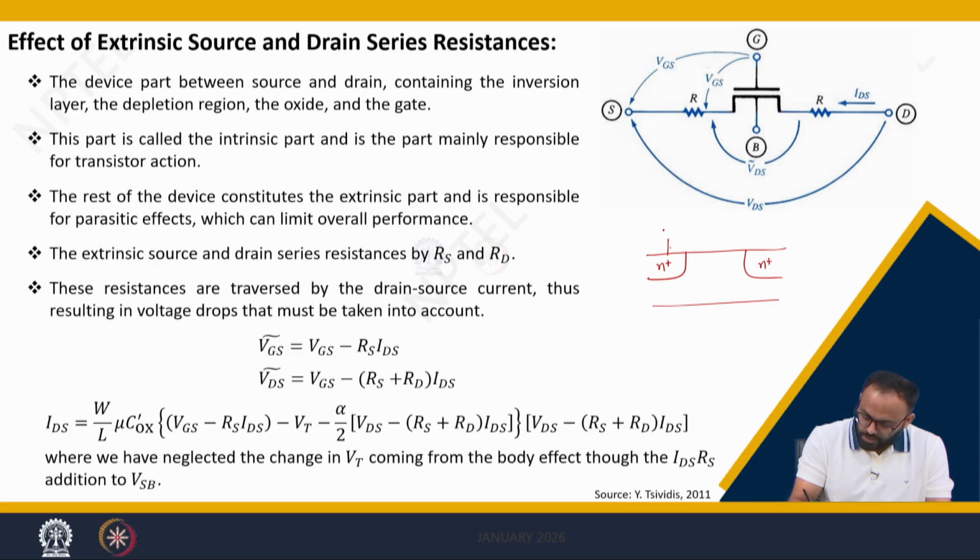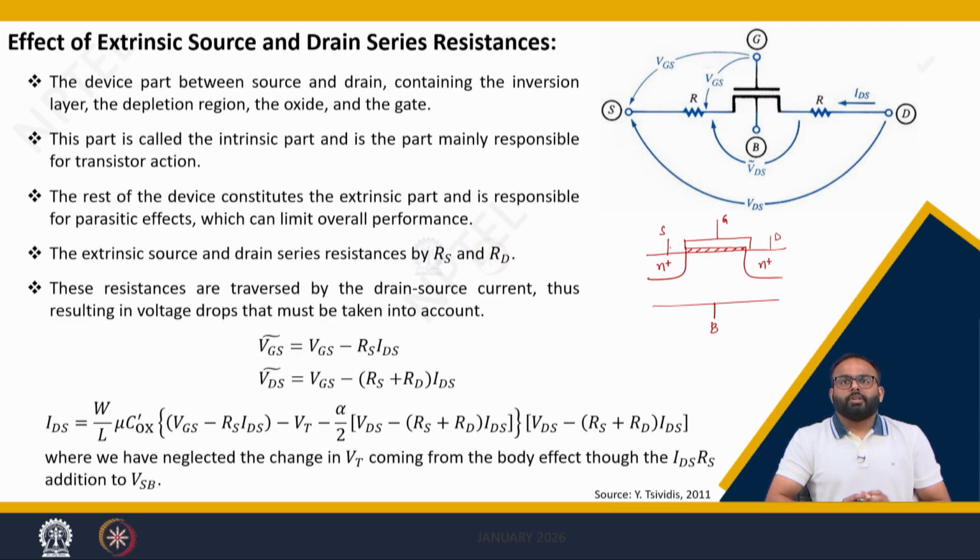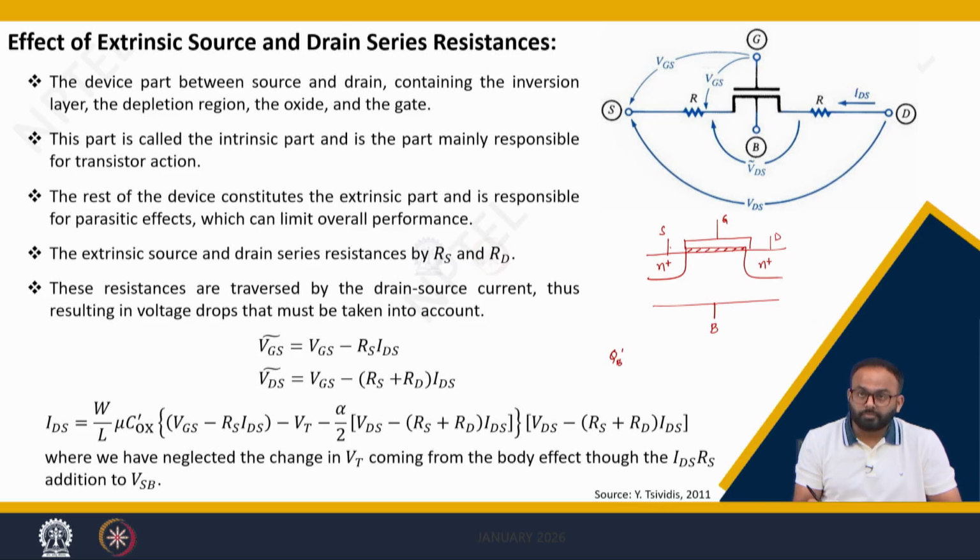This is my source, this is drain, you do have an oxide and a gate and body. Till now we have discussed depletion charge, inversion charge, oxide charge and the gate charge, meaning we have discussed all about this, which is denoted by a dotted line.